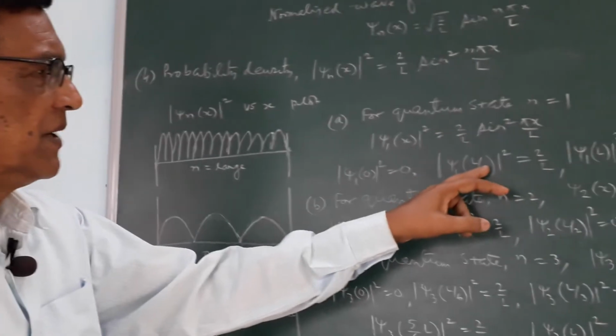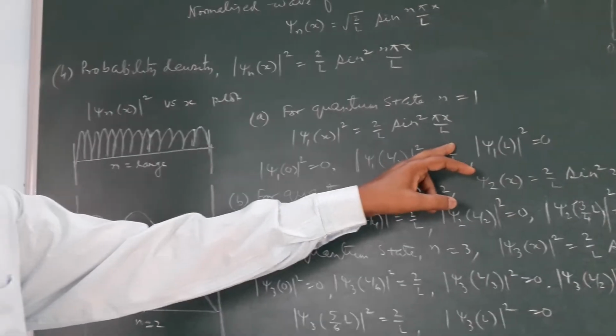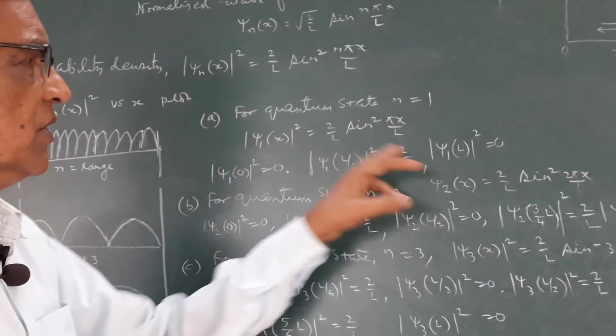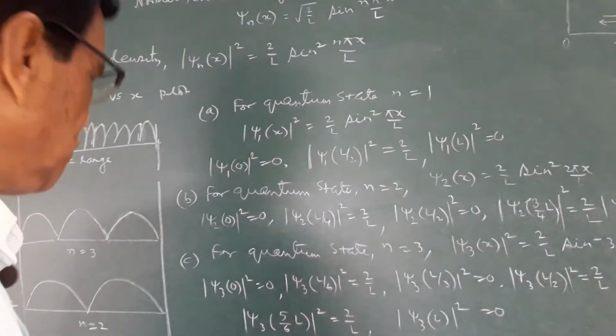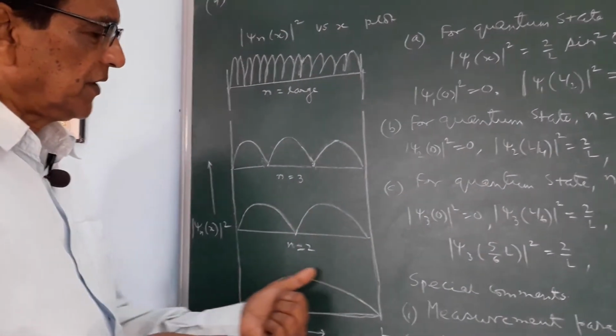At x equal to L by 2, this is maximum, 2 by L, and at x equal to L, again it becomes 0. So this plot will be like this.